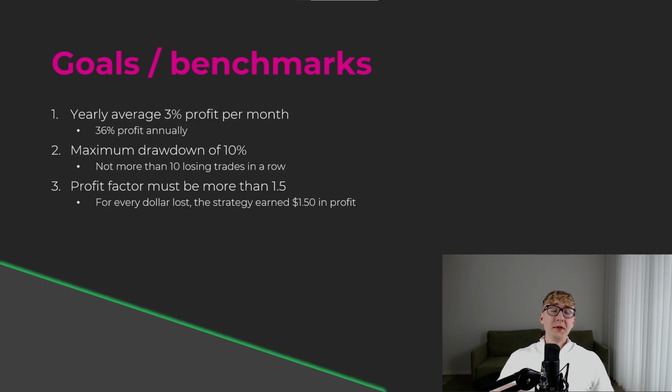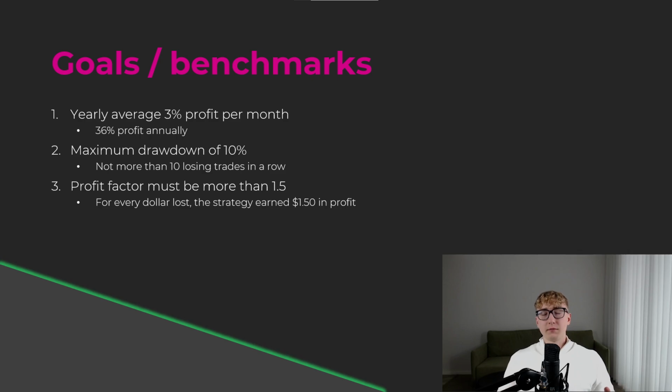Starting off, let's make goals on the strategy's performance. As we are using the risk to reward ratio on profit and loss taking, let's assume we always risk 1% per trade. Therefore, the first goal is to make on yearly average 3% per month, or 3R per month.